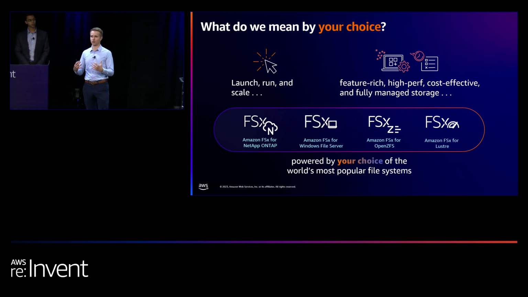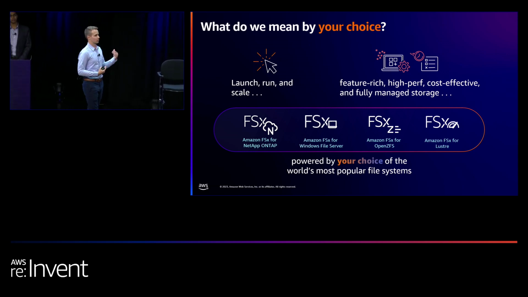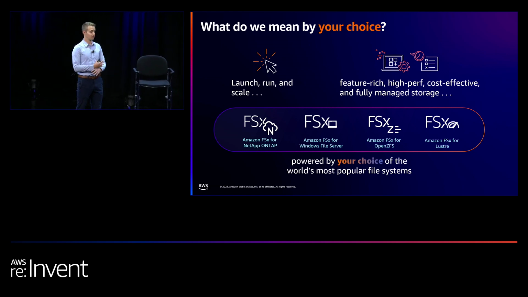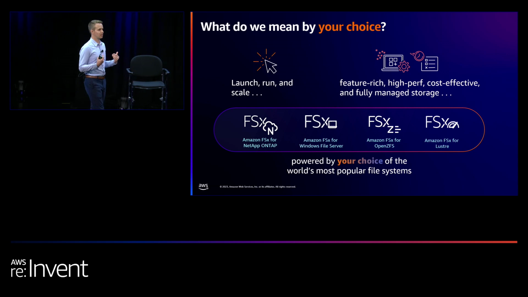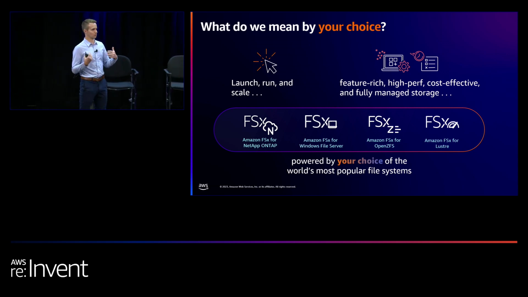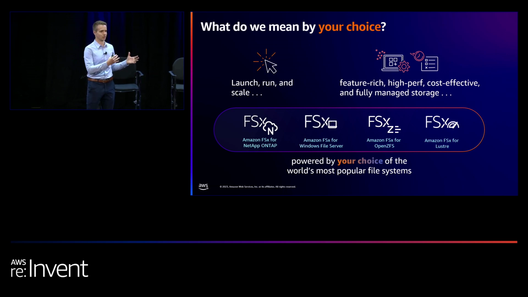These are 4 very commonly used file system technologies that, based on the customers we've engaged with over the years, customers are commonly using to power a myriad of different workloads. And our goal with FSx is to give customers the choice to click a few buttons and launch a fully featured, fully managed ONTAP file system or Windows file system or OpenZFS file system.